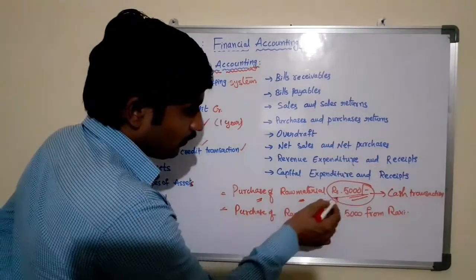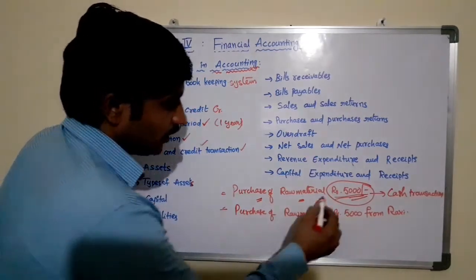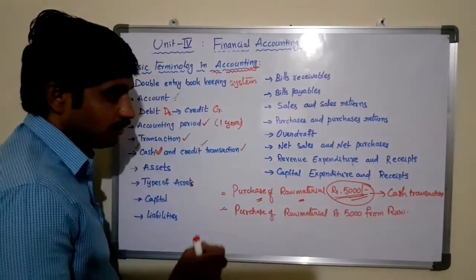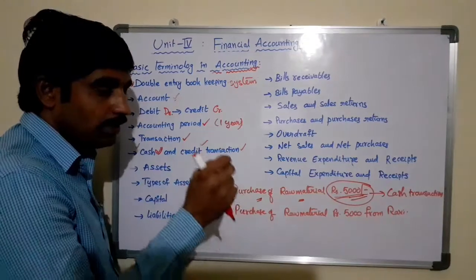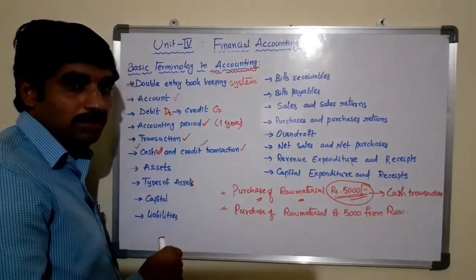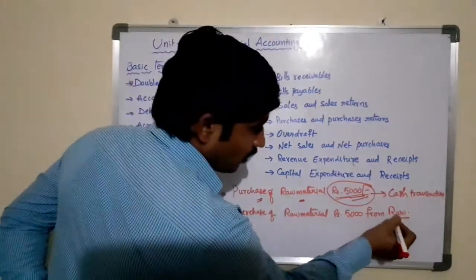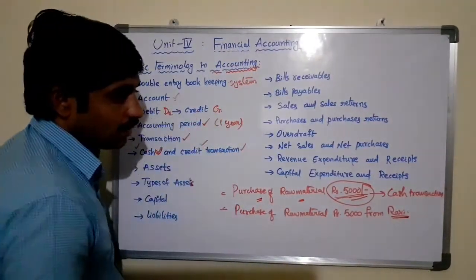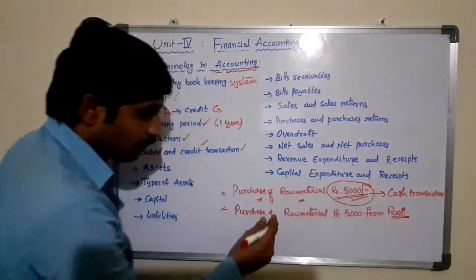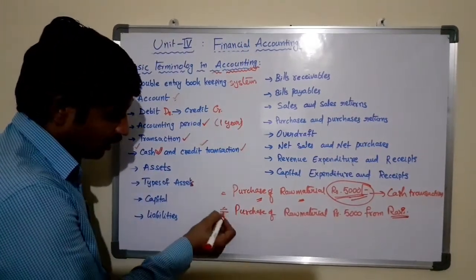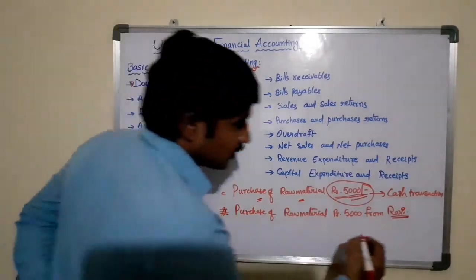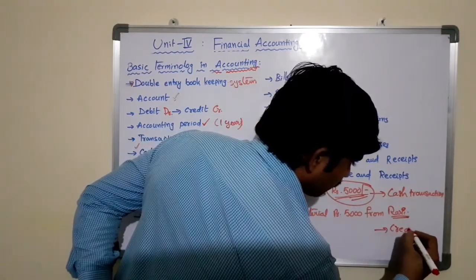In the first transaction, we are not mentioning the name of the person who is supplying. Whereas in the second transaction, we have mentioned the name of the person who is supplying the raw material. This kind of transaction is known as a credit transaction.